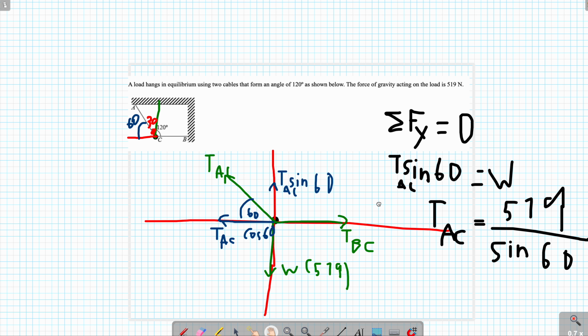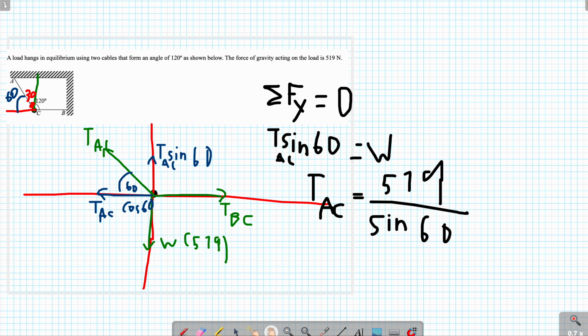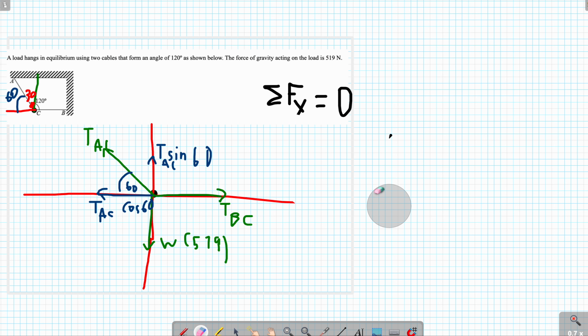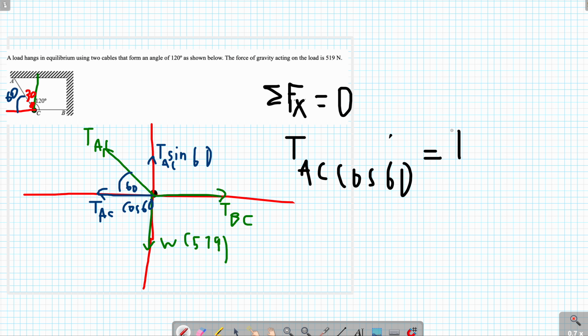Anyways, now we can do part B by finding tension in BC. Okay, so now we're gonna do sigma Fx is equal to 0. So TAC cosine 60 is equal to tension in BC, right?